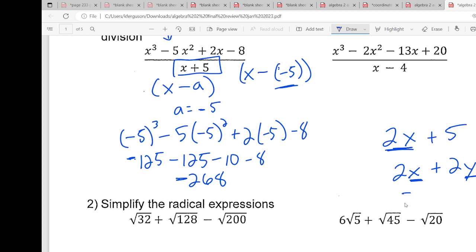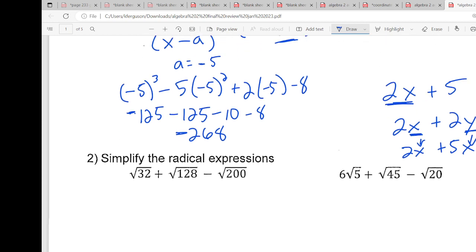But if I have 2x plus 5x, now I can combine those because the variables are the same. I can think about it like saying 2 apples and 5 apples. That's 7 apples. But 2 apples and 2 oranges, that's just a bunch of fruit. Can't mess with it.